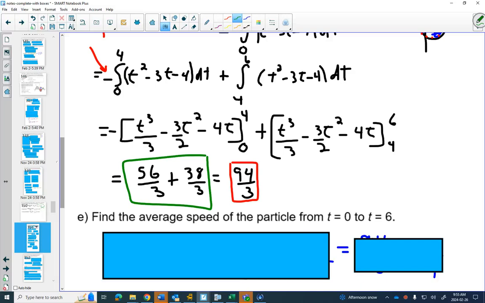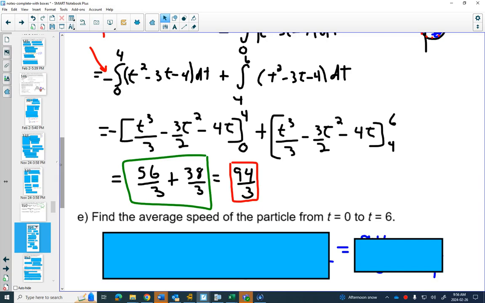Because this takes time to plug things in and get an answer. So if you can save time by not having to do a bunch of arithmetic, that's going to be advantageous for you on your exam as well. So we're going to look at that again as we get closer to the exam. We talk about a few of these things now, but we'll give you hints for studying for your exam and what you need to do at that time as well.